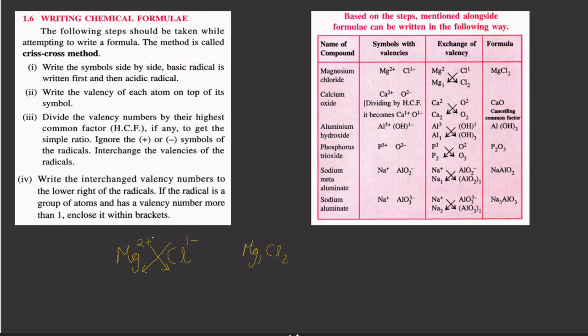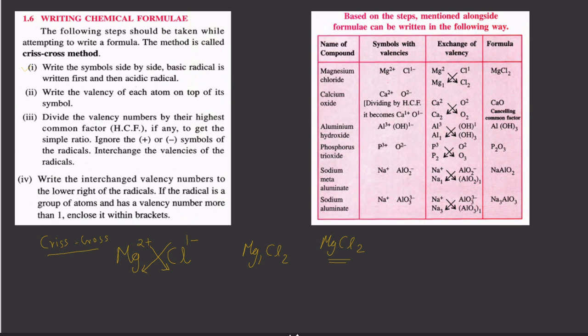This way of writing the formula is known as the crisscross method. Why is it crisscross? Because we are crossing, like an X, isn't it? So, interchanging valency. Here we interchange the valency of the elements and write the products. That is the first step: write the symbols of the elements side by side.